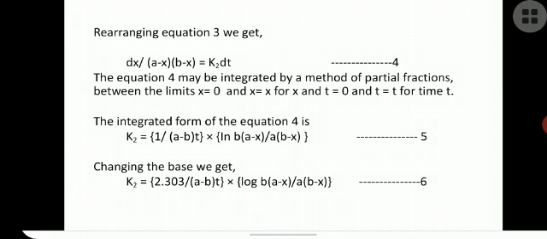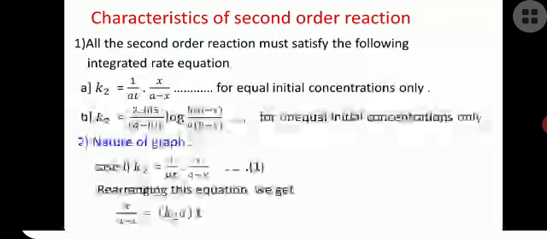It is equation 5. Changing the base to 10, we get k2 = 2.303/[t(a − b)] log[b(a − x)/a(b − x)]. It is equation number 6.